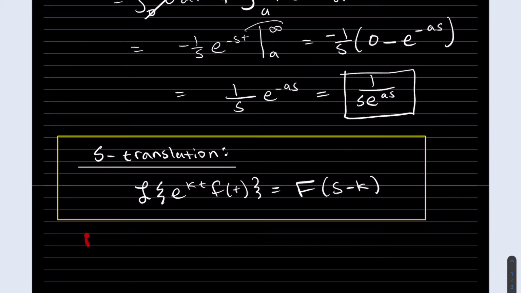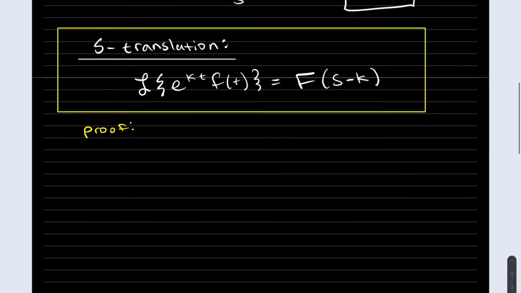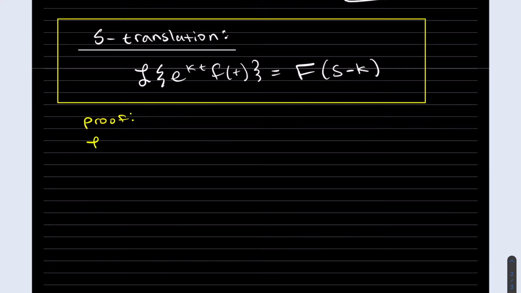So here's our proof. Our proof is we're going to work out both sides and show that they're equal. So let's work out e to the kt. Plugging that into the Laplace transform, it's 0 to infinity. That's my function.